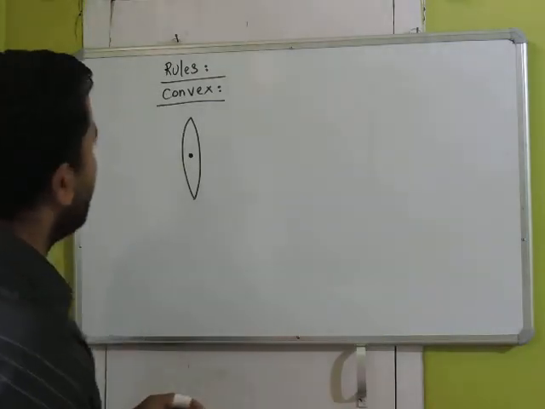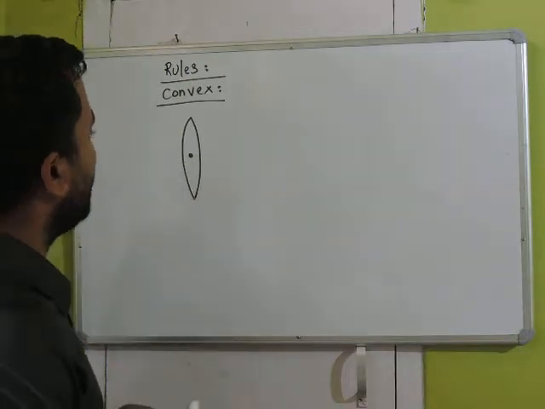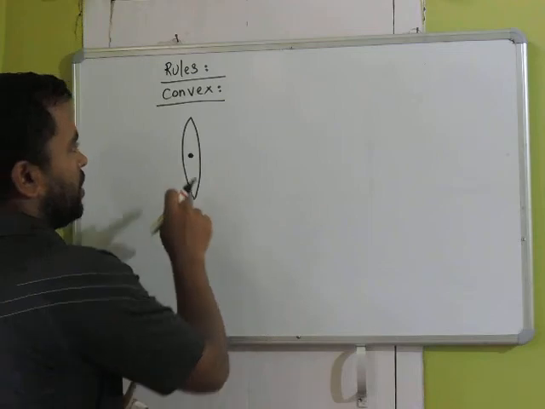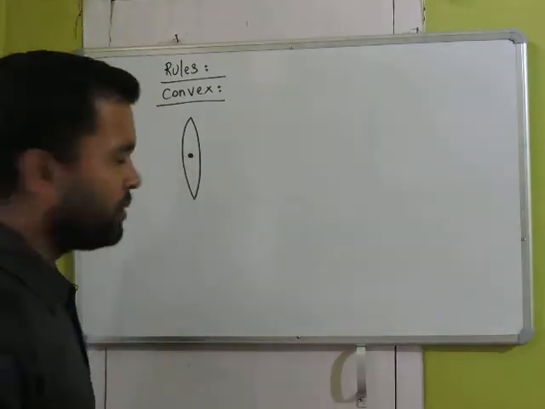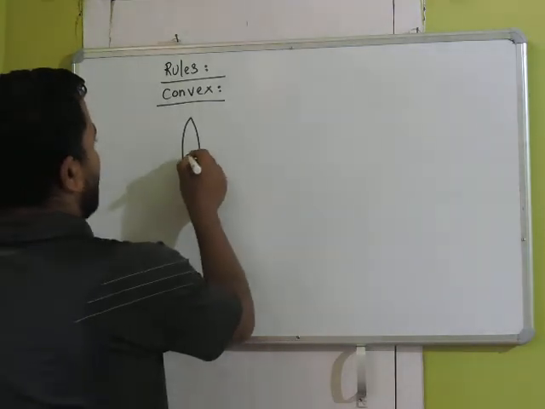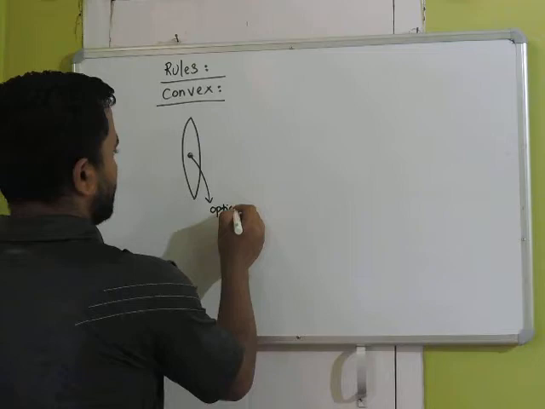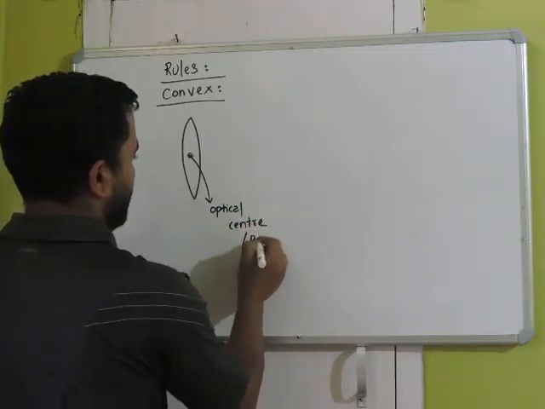Actually we have to draw it big, but this is a very thin lens. Now this is called the optical center, or this is also called the pole.